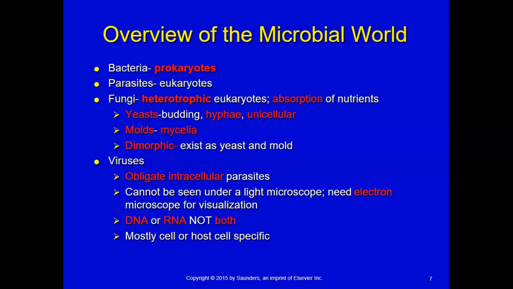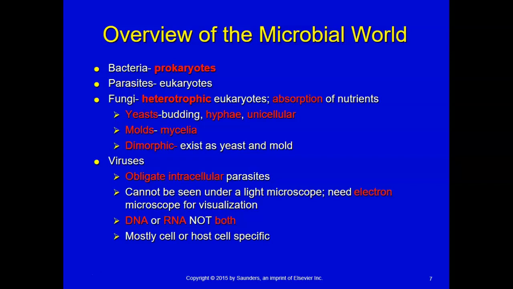Parasites and fungi are both eukaryotes, but fungi are heterotrophic eukaryotes, which means that they get their nutrients through absorption. Fungi are composed of yeast and molds. Yeast are unicellular fungi that reproduce asexually through a process called budding. They do not have mycelia or hyphae.